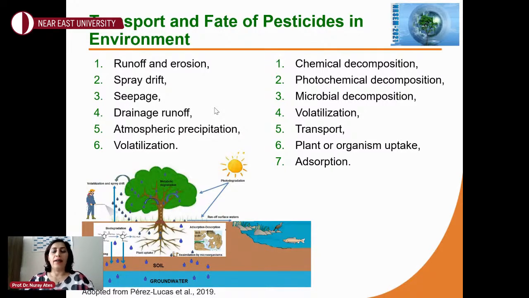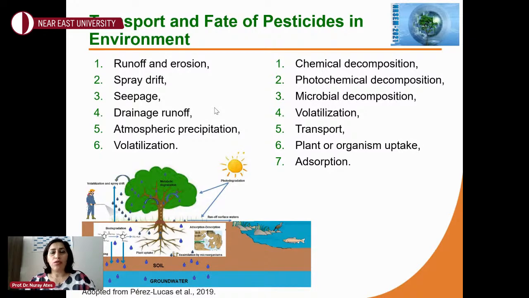On the other hand, when pesticides are distributed to the environment, chemical or photochemical decomposition occurs, or microorganisms can decompose the pesticide.